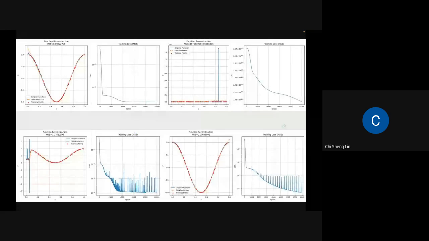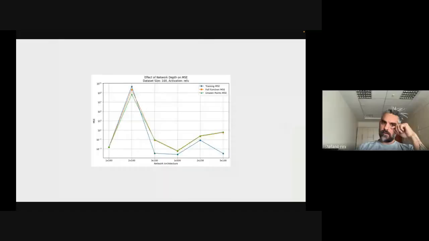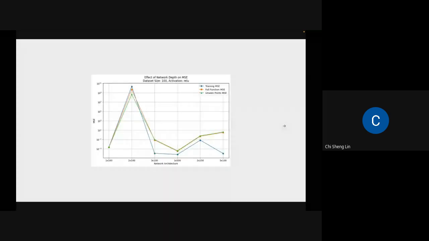Okay, the next part we explore the structure of the architecture, and we did 5 experiments. I'll just directly jump to the result. We have 3 kinds of structure.